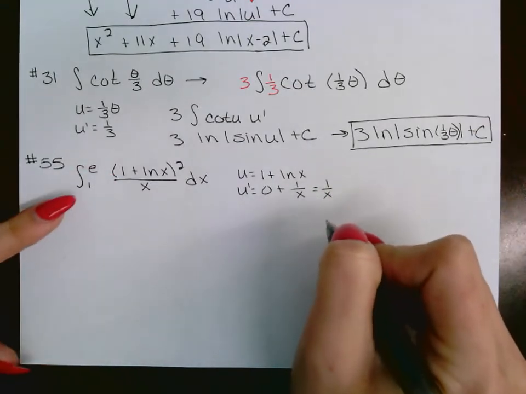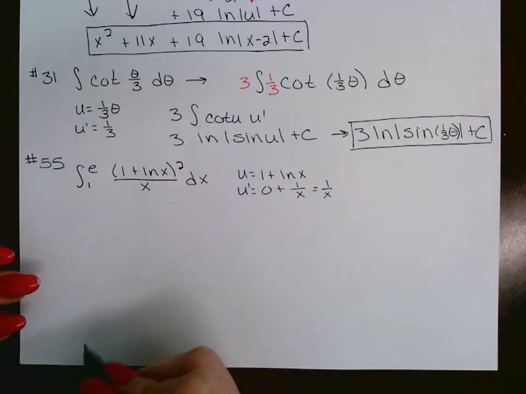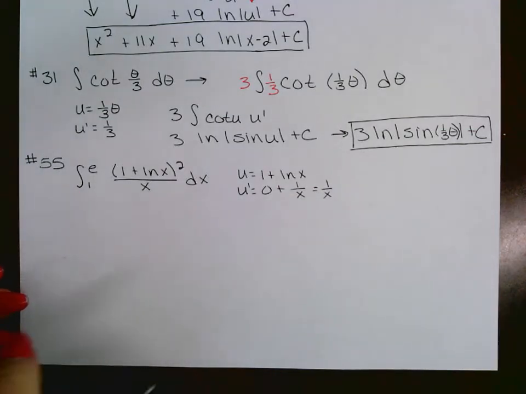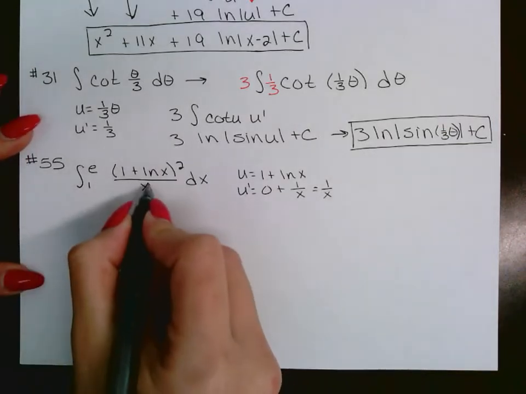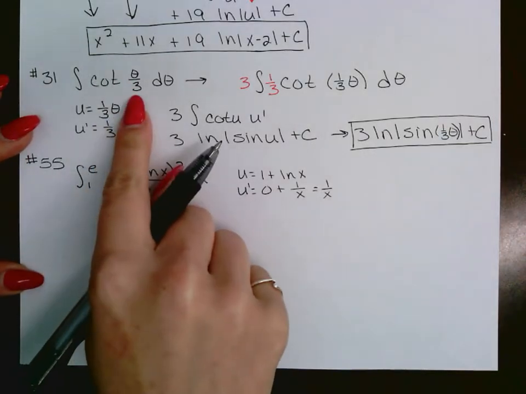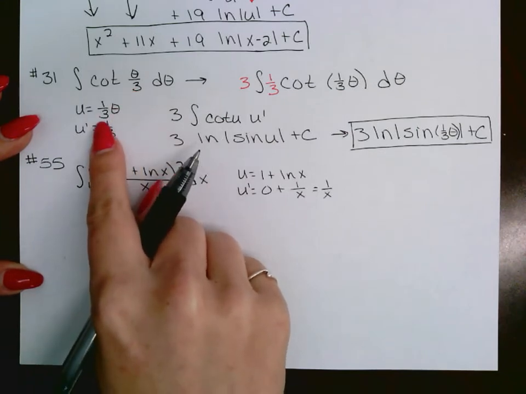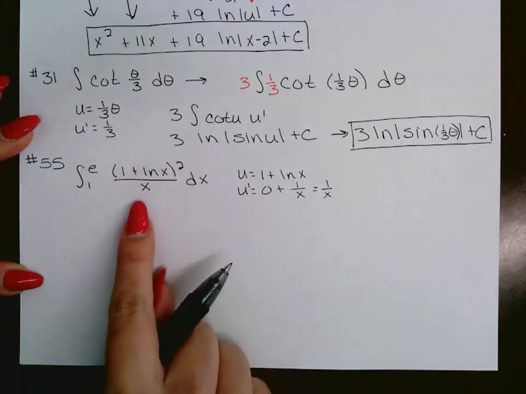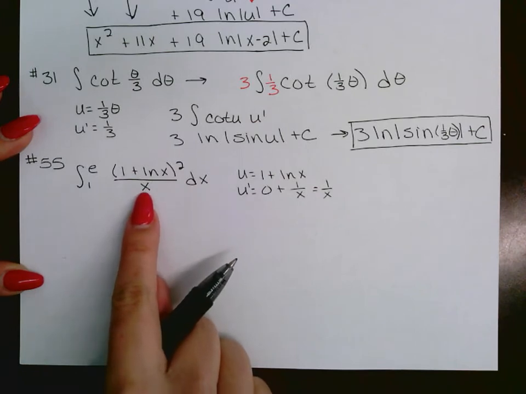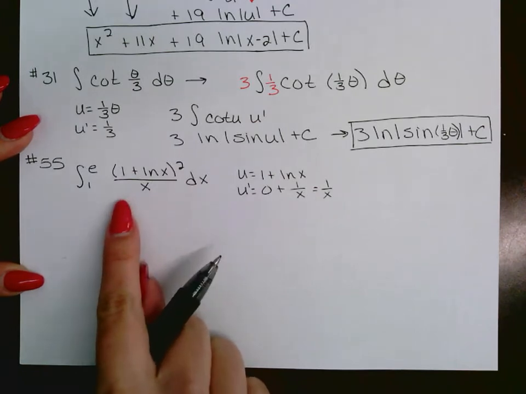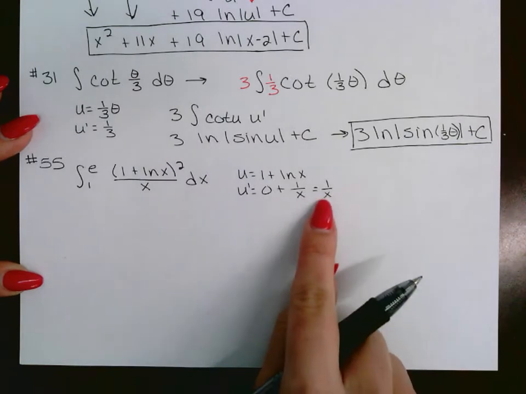So, if I need to rewrite this, this one might be a little visually difficult to see, okay? So, watch me for a second. Do you agree that, just like in this last problem, divided by 3 is the same thing as saying times 1/3? Yes. So, in this question, divided by x could be the same as saying times 1 over x, which is going to be useful for me in this problem.